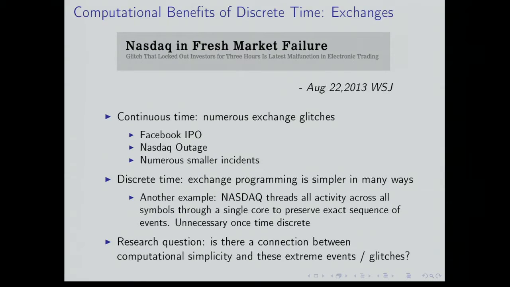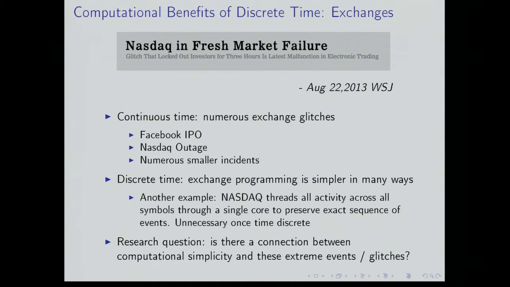Another computational benefit of discrete time, I think, is with respect to exchange glitches. Discrete time simplifies the programming environment in various ways. As an example, NASDAQ, at least when I last spoke to them, threaded all message activity through a single core for the purpose of timestamping.